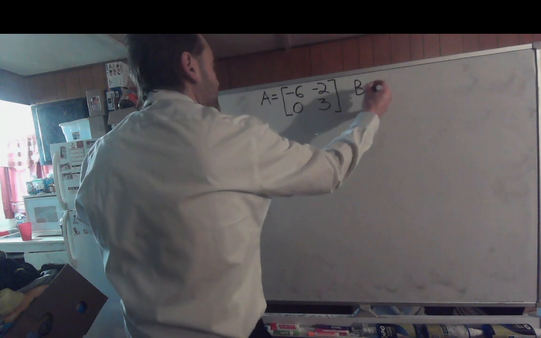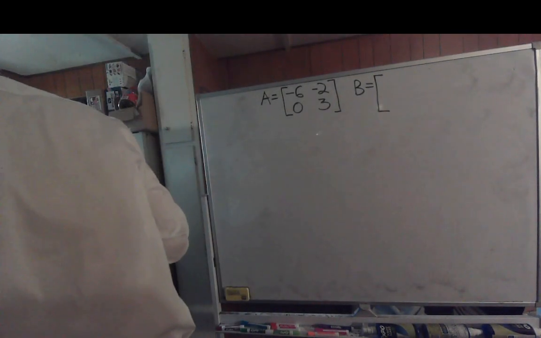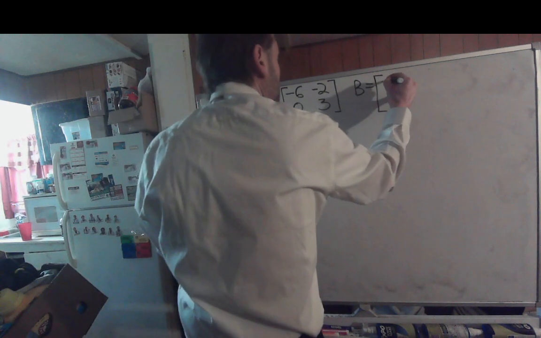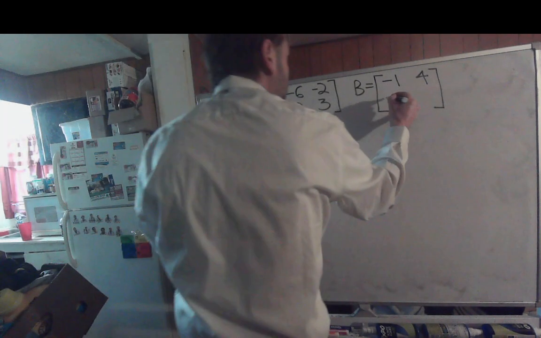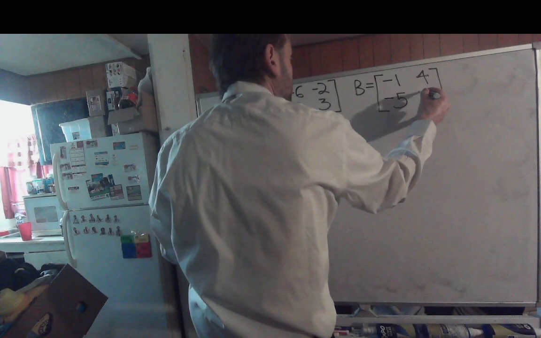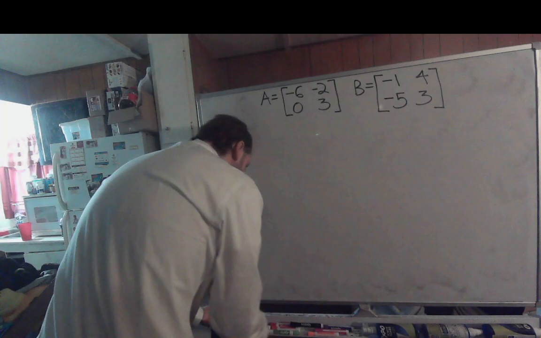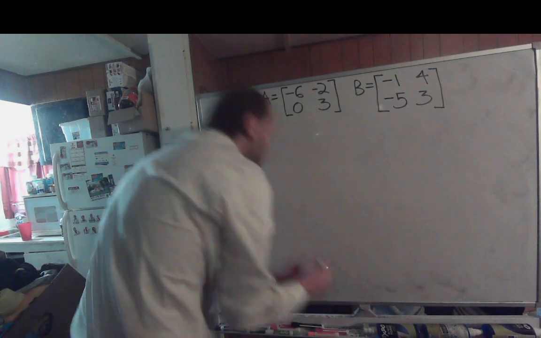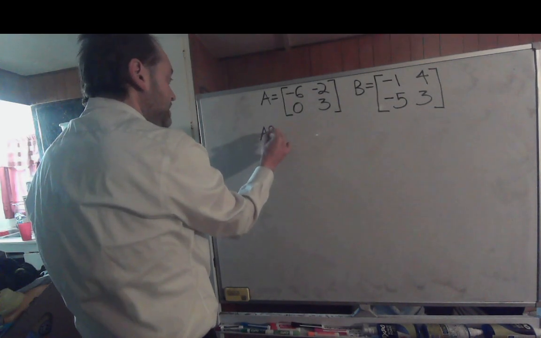Matrix B has the entries -1, 4, -5, and 3. So we're going to ask, is it going to be possible to do A times B? Do matrix A times B?